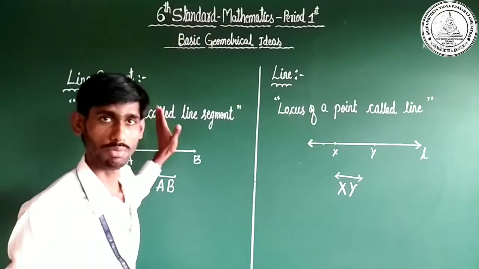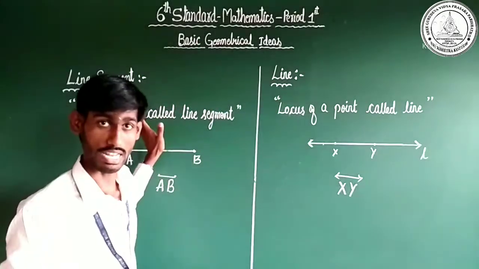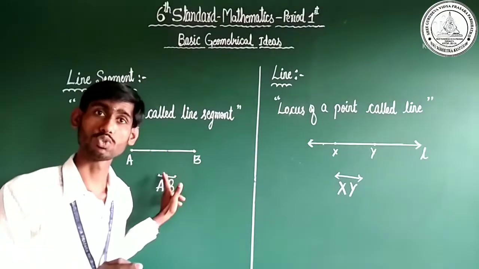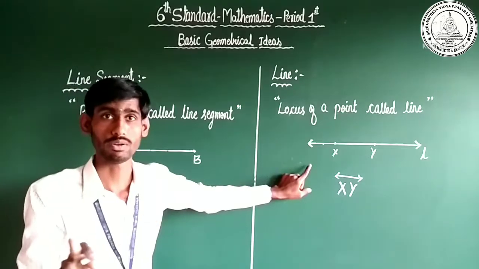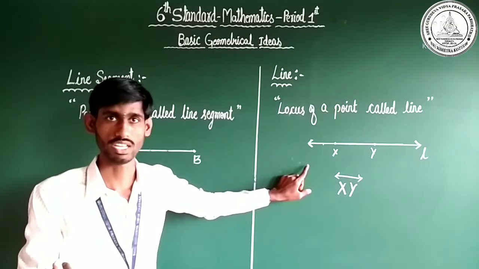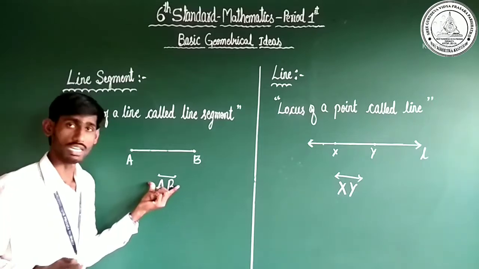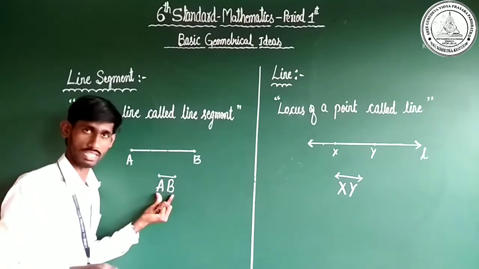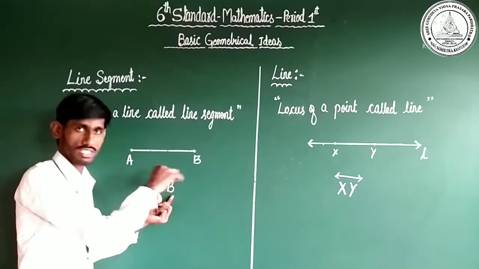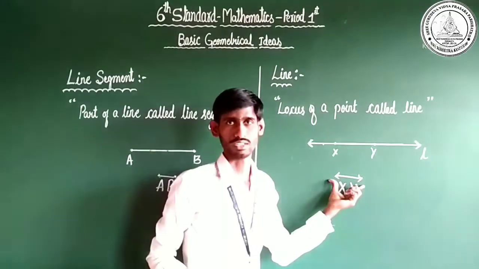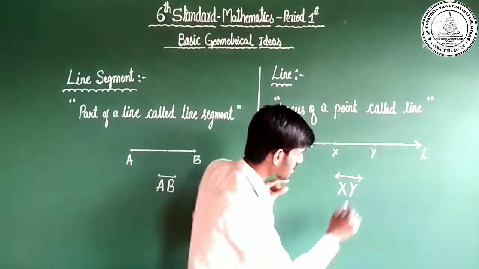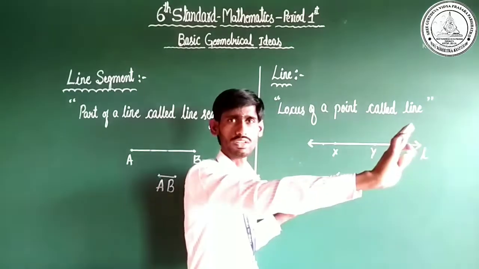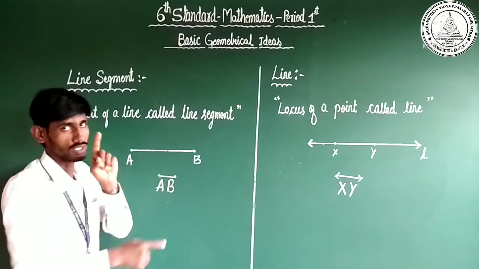A line segment can be measured, but a line we can't measure. A line has no starting point and no ending point. A line segment is represented by two ending points, two dots above the letter, and a single line. A line is represented by two arrow marks, which indicate it goes on increasing, with no ending point. But a line segment has ending points. You should know the difference.